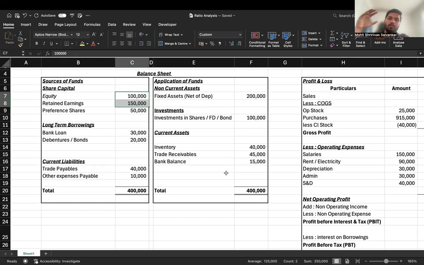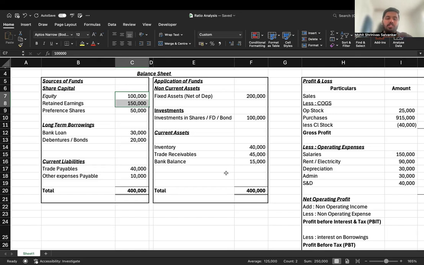Quick ratio was also in times. Cash cover is also in terms of times. The earlier ones, gross profit was in percentage, net profit was in percentage, return on shareholders' fund was also percentage, return on capital employed was also percentage, but liquidity is based on times. Yeah, so that was cash cover: how many times your cash profit can cover your current liabilities.